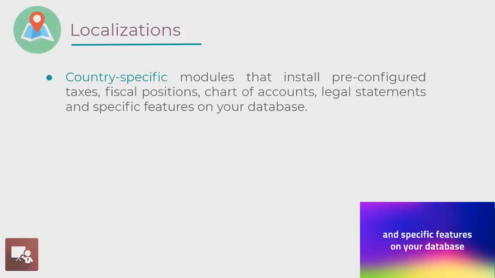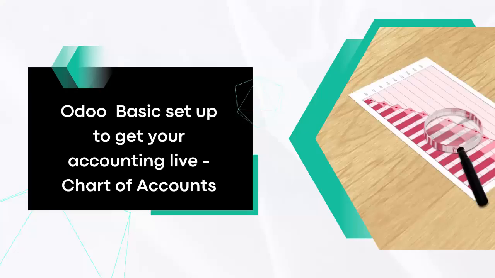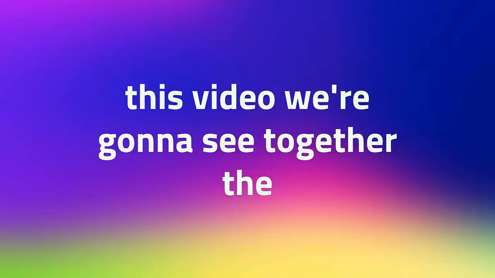It's a country specific module with fiscal positions, chart of accounts, legal, and specific features on your database. Which is about the basic features. In this video we're going to see together that basic setup to get your accounting live.